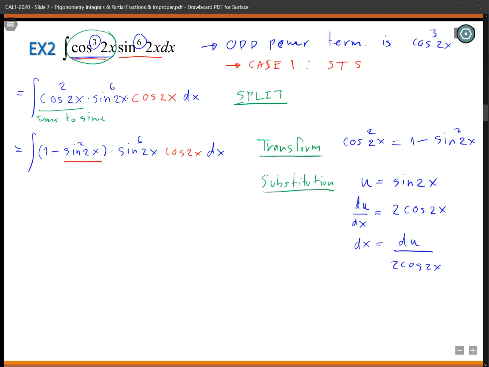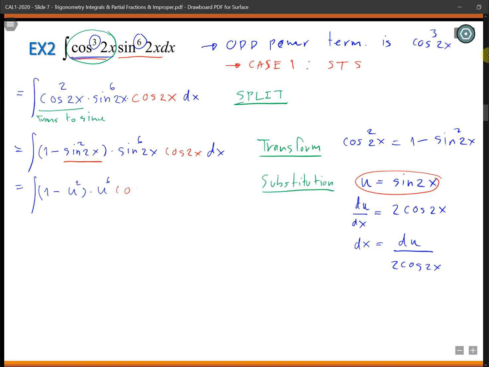Okay, with this substitution preparation, we can just put everything back into the integrals. Now, here, integration of 1 minus sine 2x squared. We have this substitution, so here it's going to become u squared times sine 2x to the power of 6. Substitution again, this becomes u to the power of 6.